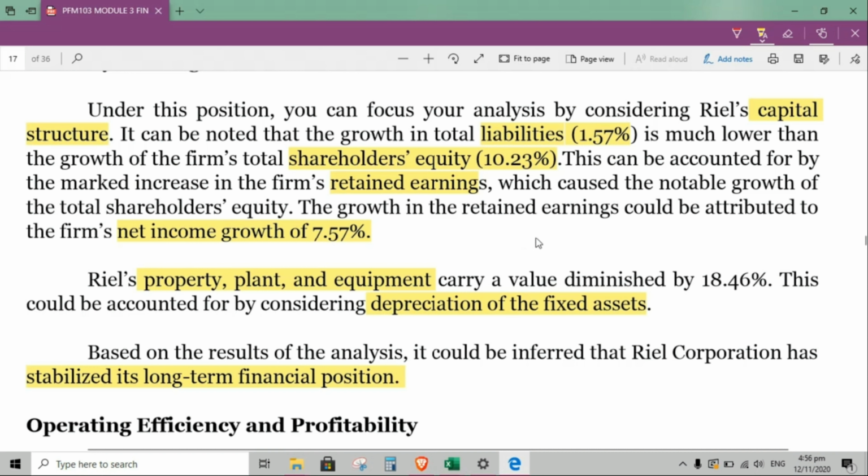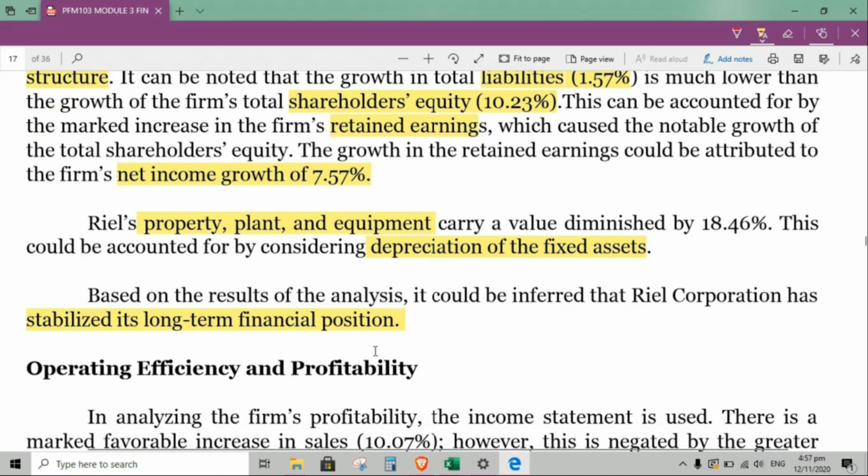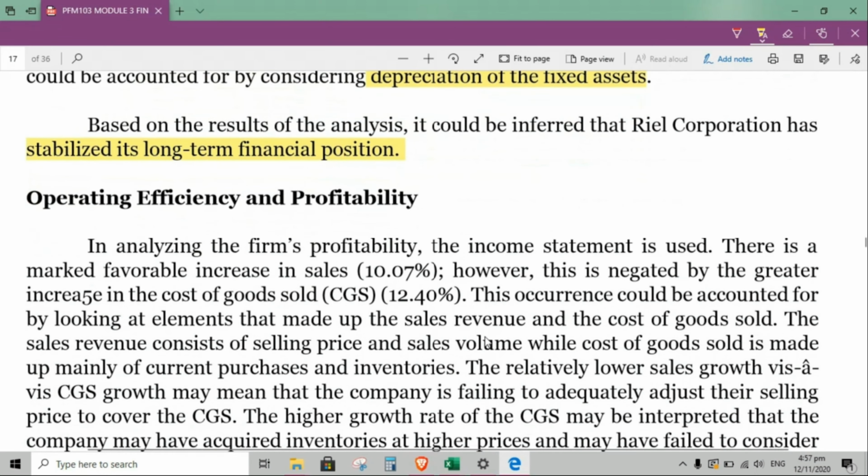Saan ka kukuha ng pang-invest mo? Saan ka kukuha ng pang-gastos mo, pang-expand ng company mo? Dahil maganda yung kanyang result ng kanyang shareholders equity, there's a bright future for this company to stay. Pwede siya pang long term pa siya.